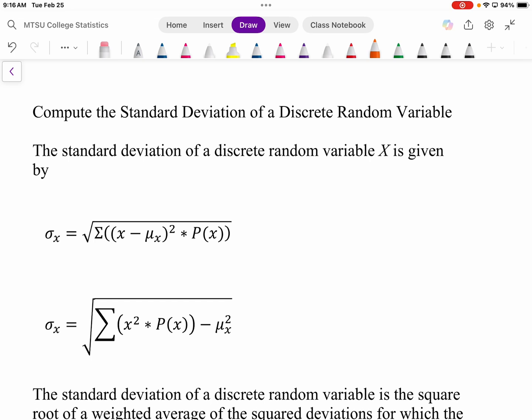Take each number, 350 and the negative one, subtract the mean from each, square it to make it positive, then multiply by the probabilities, add those two answers together, and then take the square root. Now, I'm not going to make you do that. There's a lot of stuff.